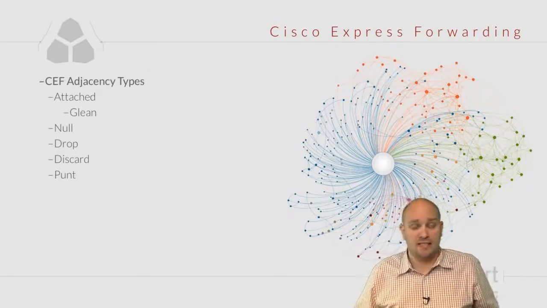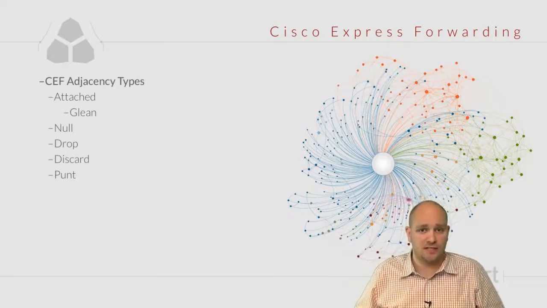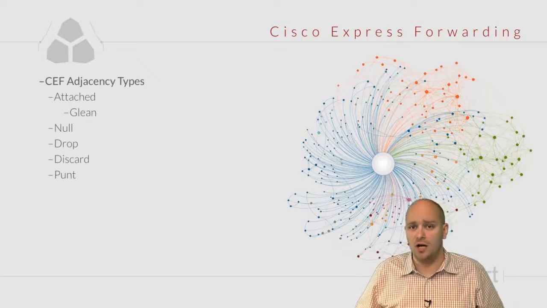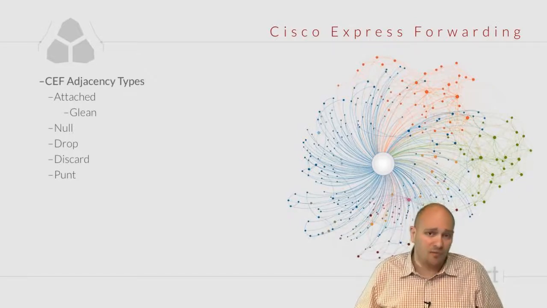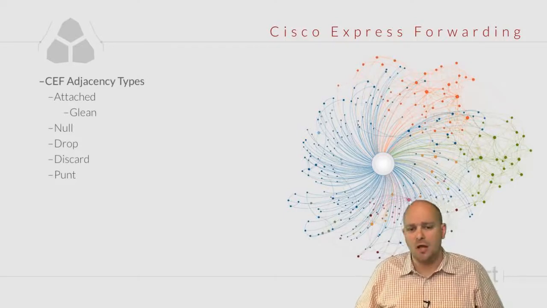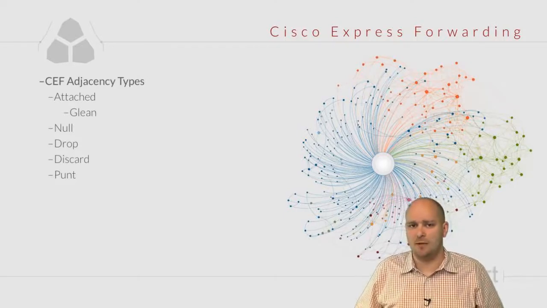Another important adjacency is called the null adjacency. Null adjacency is the traffic that is destined for a null interface. A null interface is a bit bucket drop interface on a router that simply drops the traffic that goes to it. Drop adjacency, while being very similar to the null adjacency, is somewhat different.